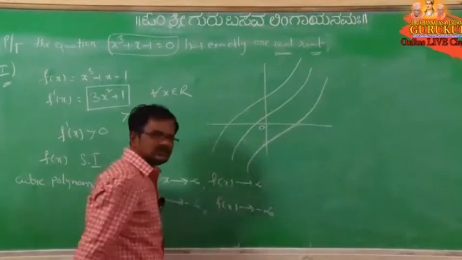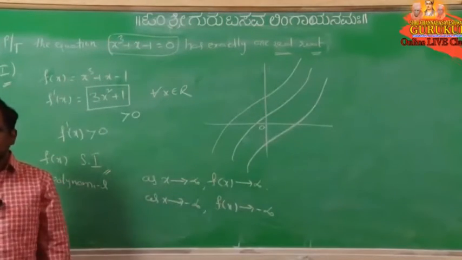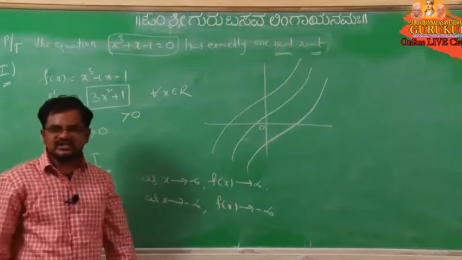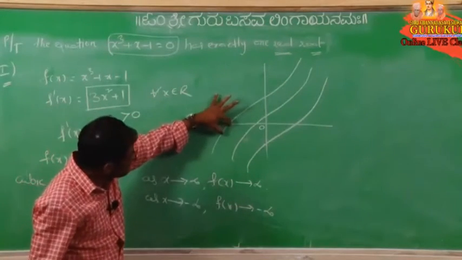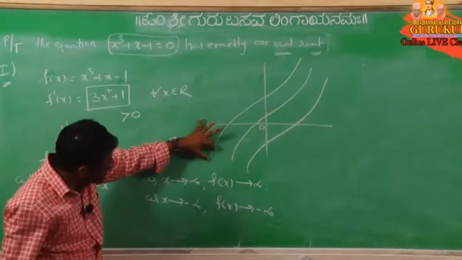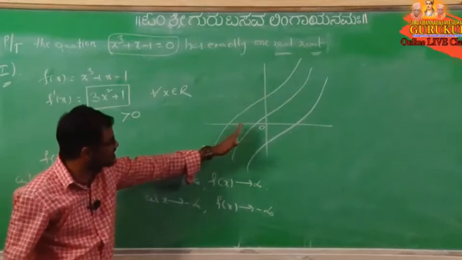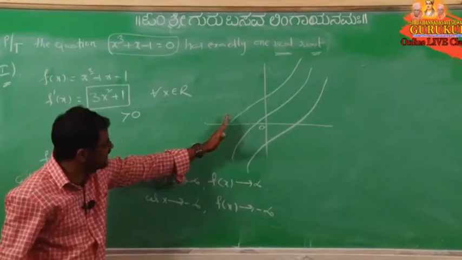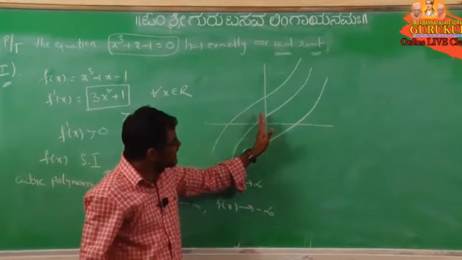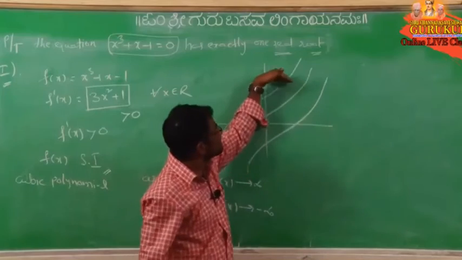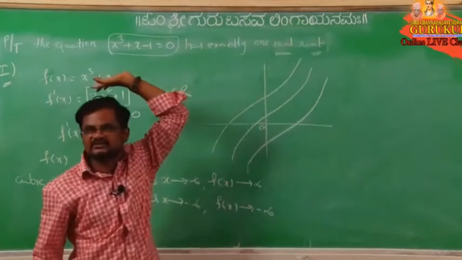One imagined graph I am taking. Here as x tends to infinity, y approaches minus infinity for this graph. As x tends to plus infinity, f of x approaches plus infinity.